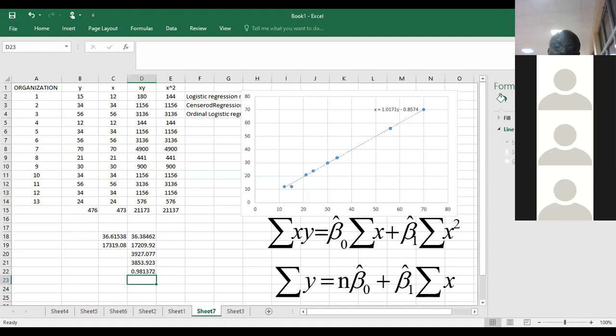Lastly, substituting equation 4 in equation 3 for beta 1. What was equation 3?